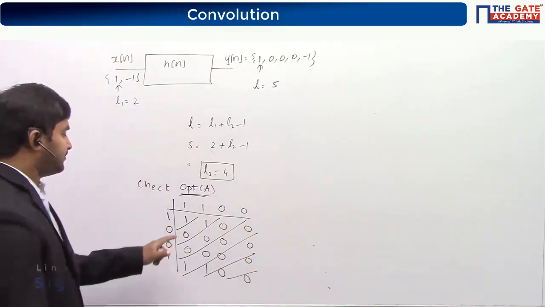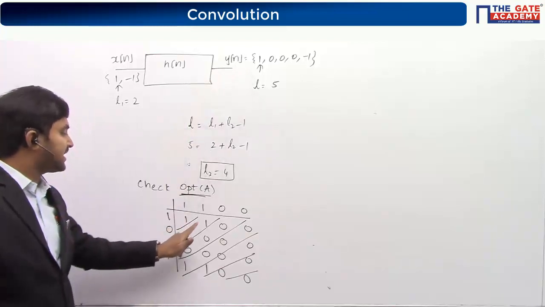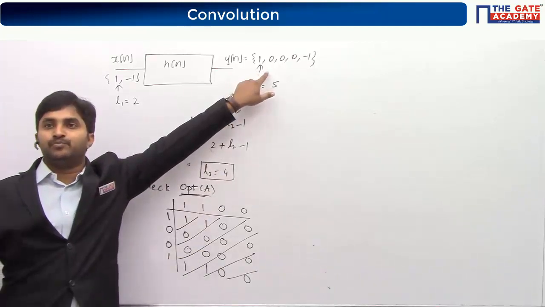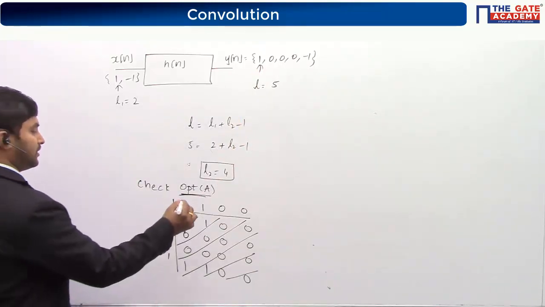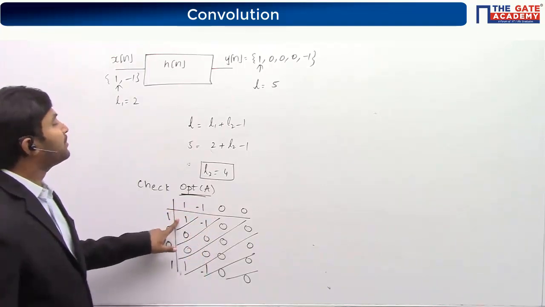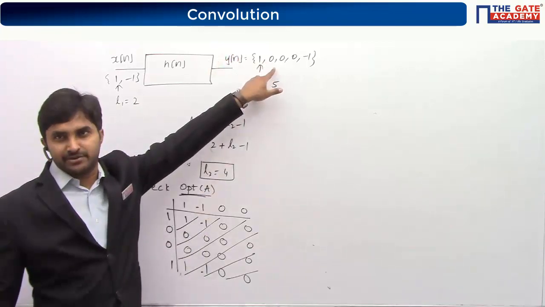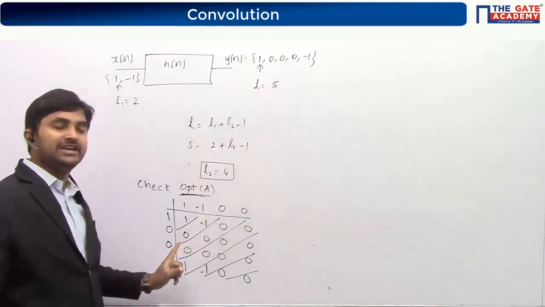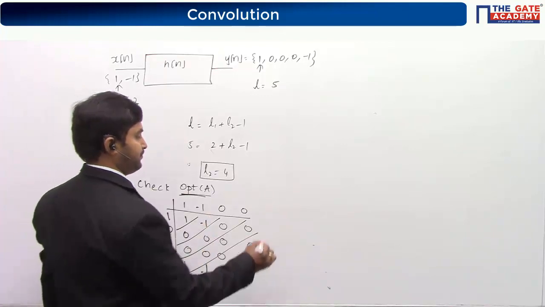As we can see, the first sample is 1, and the second sample is also 1, but here it is 0. In the actual output, the first sample is 1 and the second sample is minus 1, but actually we get 0 over here. So the actual output gives 0 as the second sample, but here it is minus 1. So option A is false.